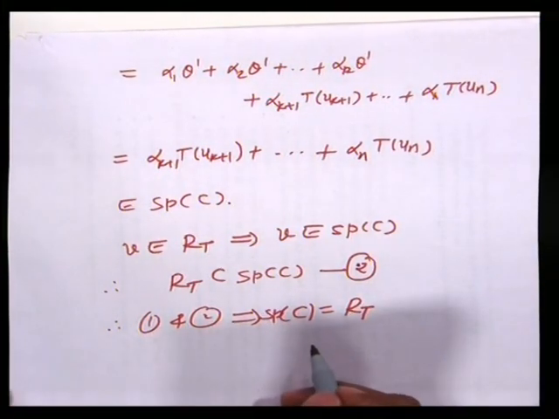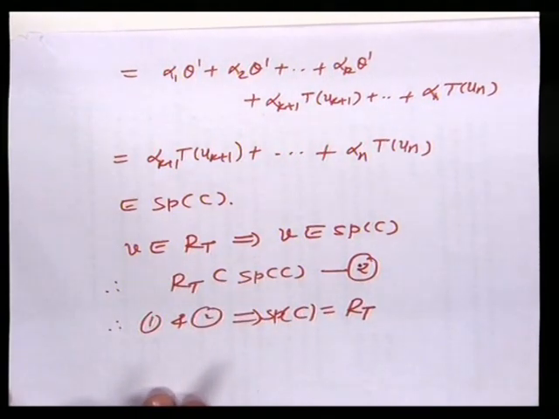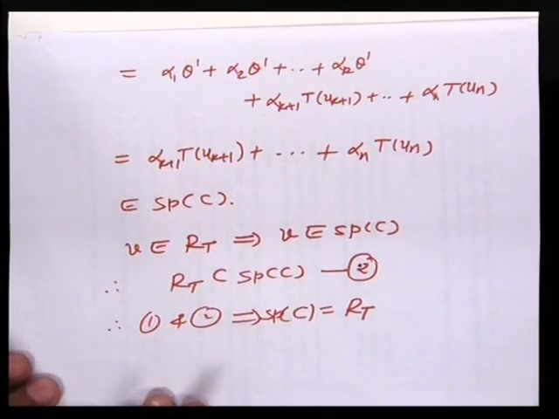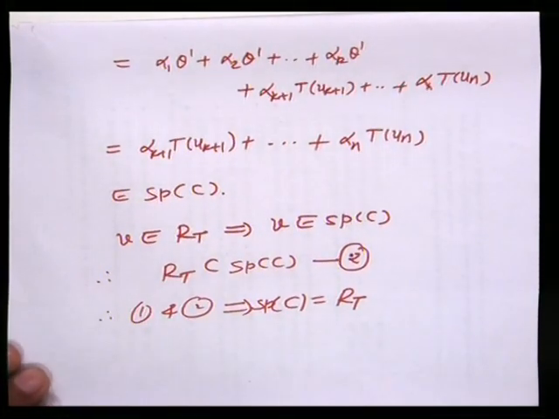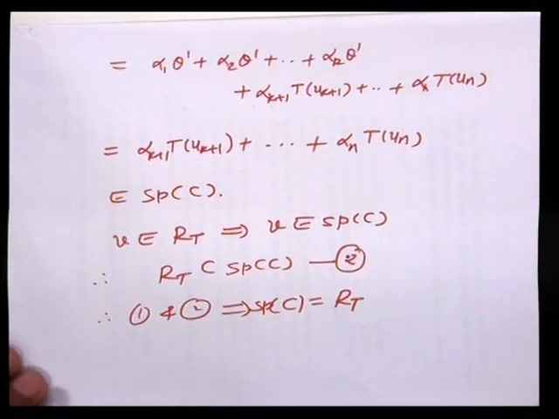So this way we have shown that the set C is a linearly independent set, and it is also spanning the range space RT.